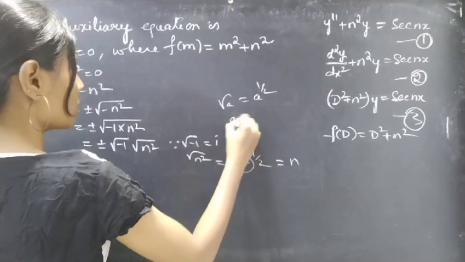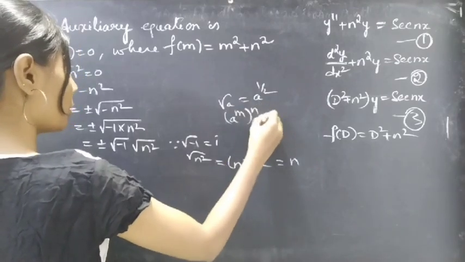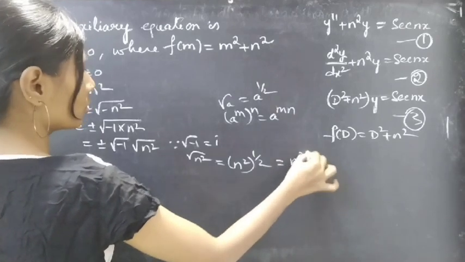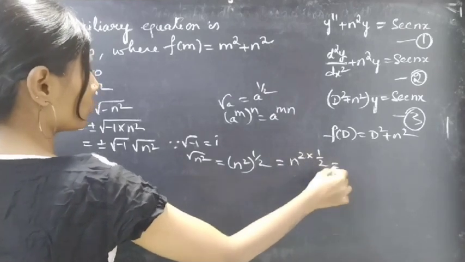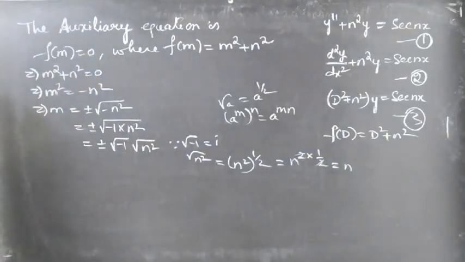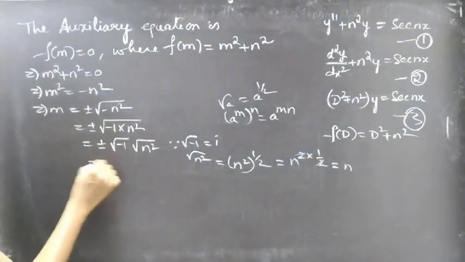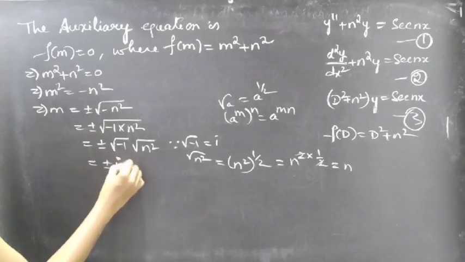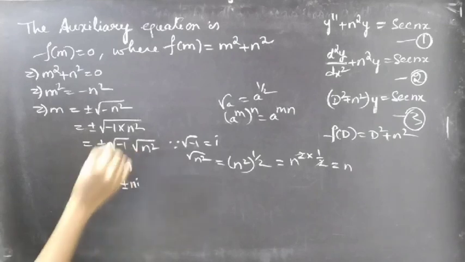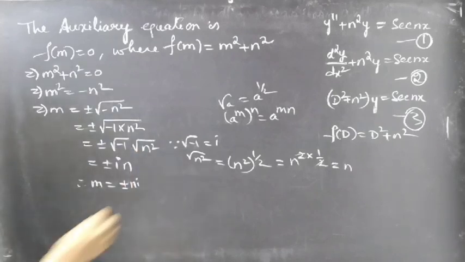And also we know that a power m whole power n equals a power m into n. So we'll get n to the power 2 into 1 by 2, which is n. Therefore m equal to plus or minus n i. The roots are complex conjugates.